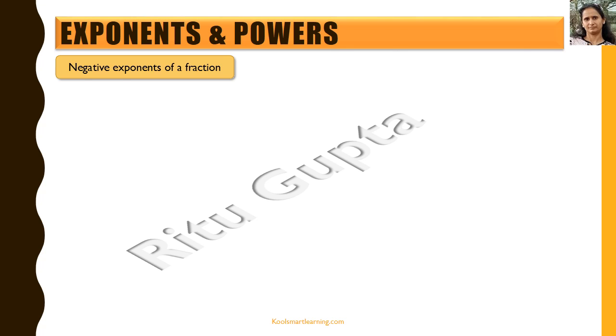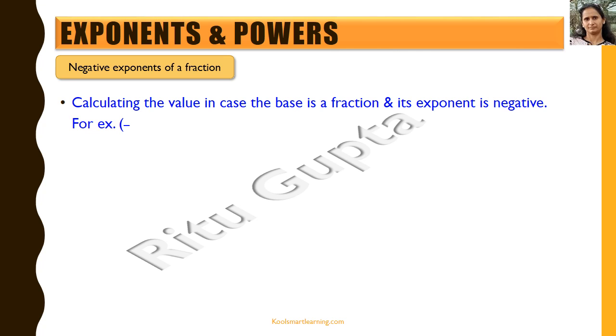Now let's see what the negative exponents of a fraction are. We'll take an example where the base is a fraction, 3 by 4, raised to a negative exponent, which is minus 2.